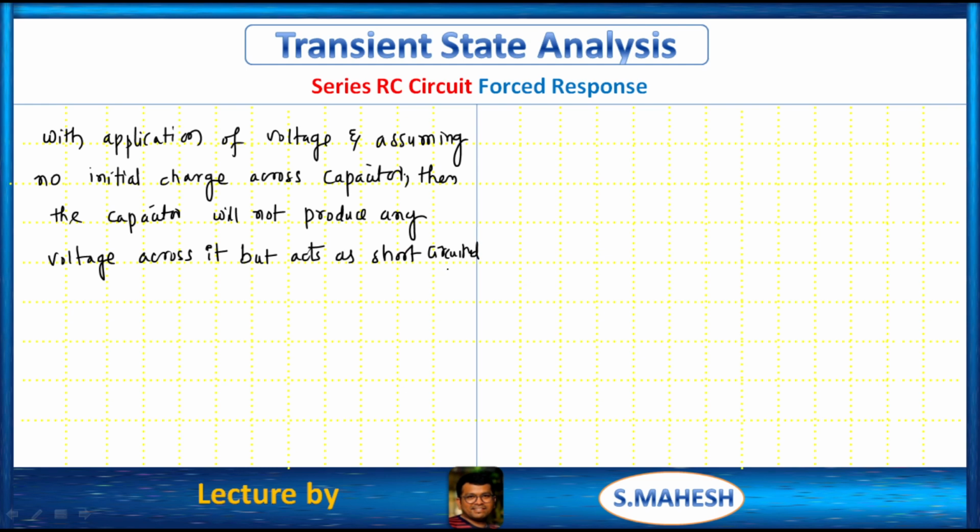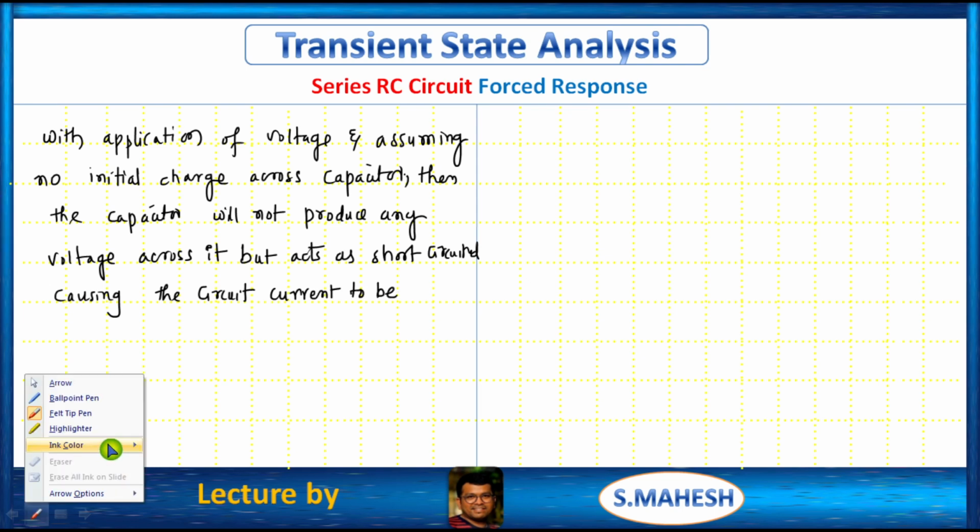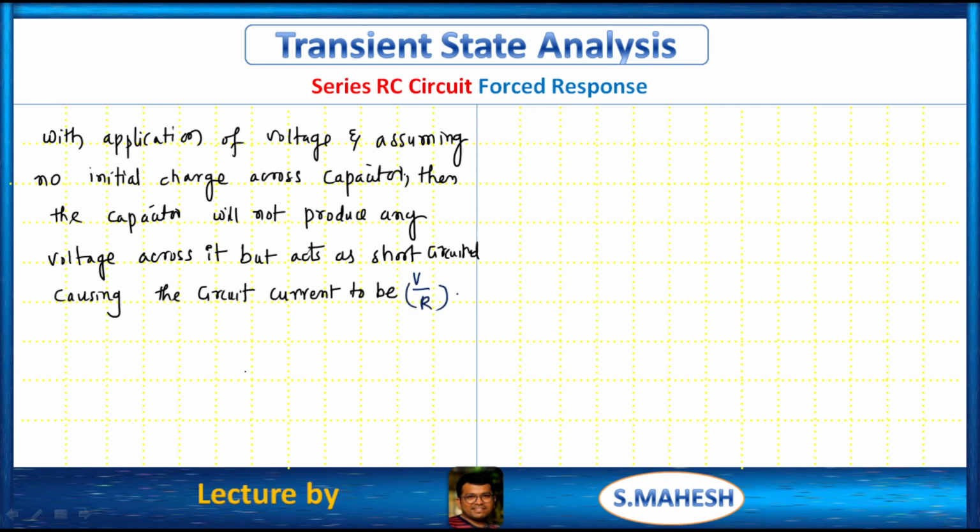Initially the capacitor acts as short circuited, right, causing the circuit current to be, what is the value? V by R, right? That is simply, that is at t is equals to 0 plus what we are having, that is i of 0 plus, which is equals to V by R.